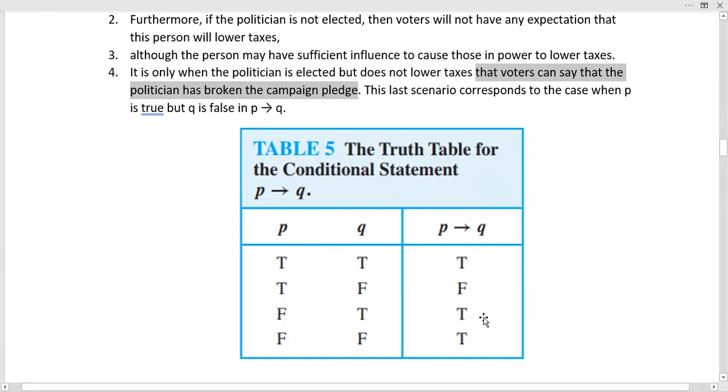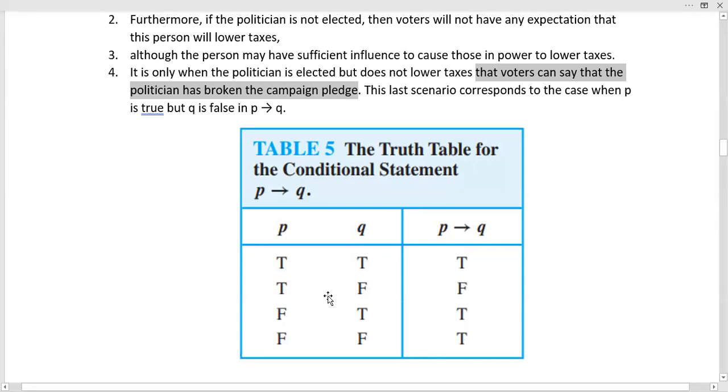That's why this is also true. The politician is not elected, lost their opportunity in the election, and that's why he did not implement their pledge or offers. It is also true. Yes or no? Yes, sir. That is the truth table. This is the real-time example for you. Are you okay? Yes, sir.